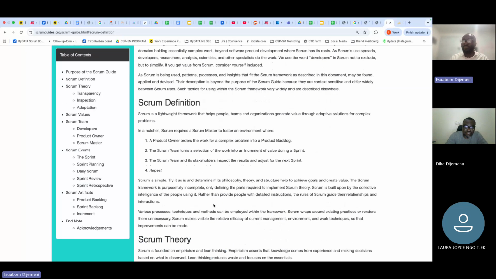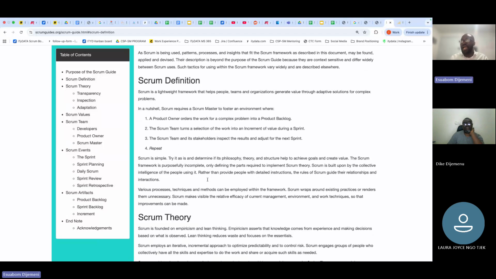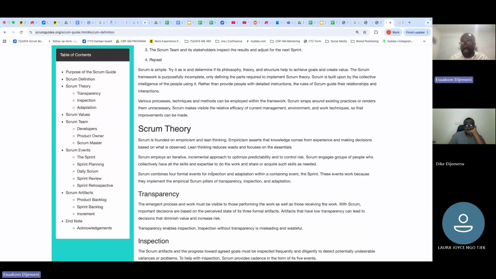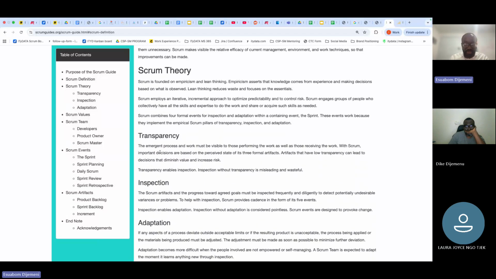The Scrum Guide goes from the definition to the theory and really the values. If you think about it, if you're an agile team, you have the agile values. Layered on that, you then have the Scrum values, and of course both sets of values are additive.